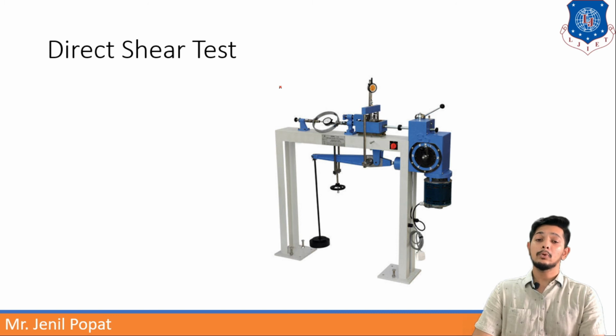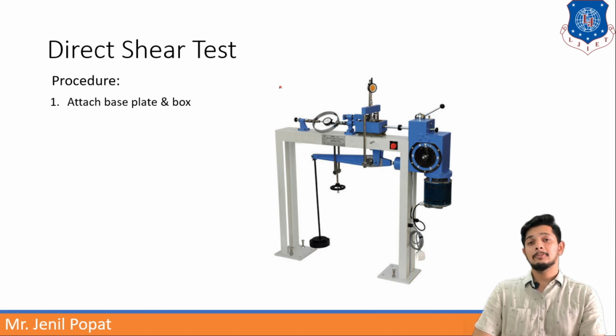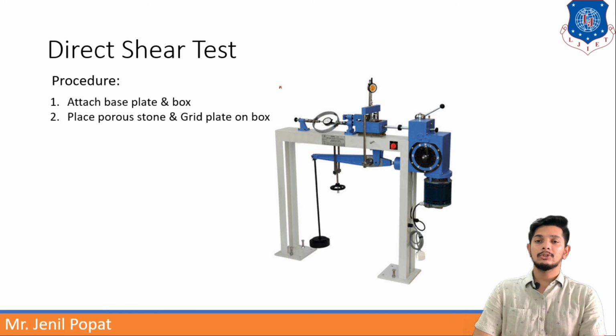Let us understand the procedure gradually. First step is to attach the base plate and box. So you have to attach the base plate, one plate of metal, with the box. You have to place porous stones and grid plate on the box.